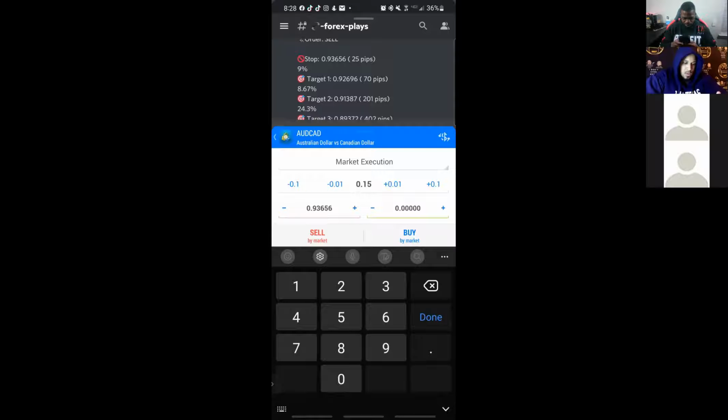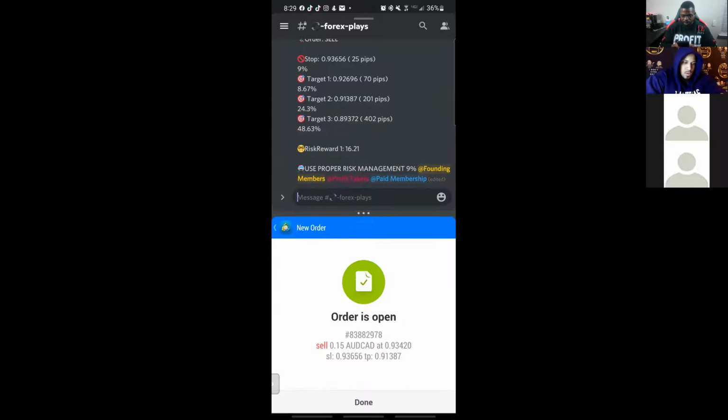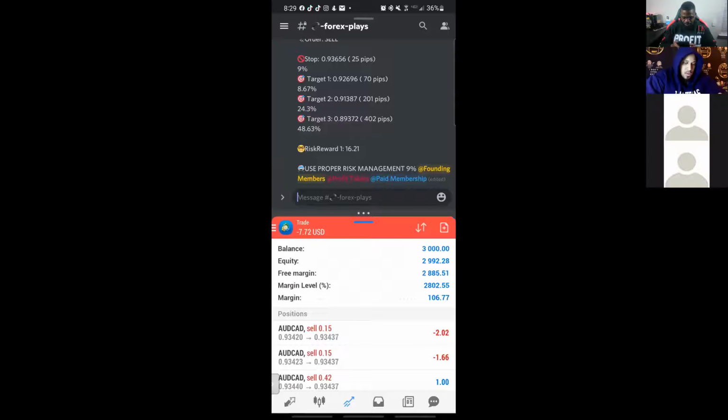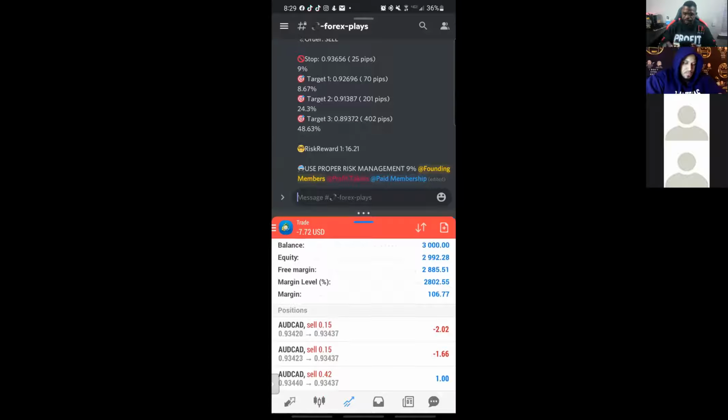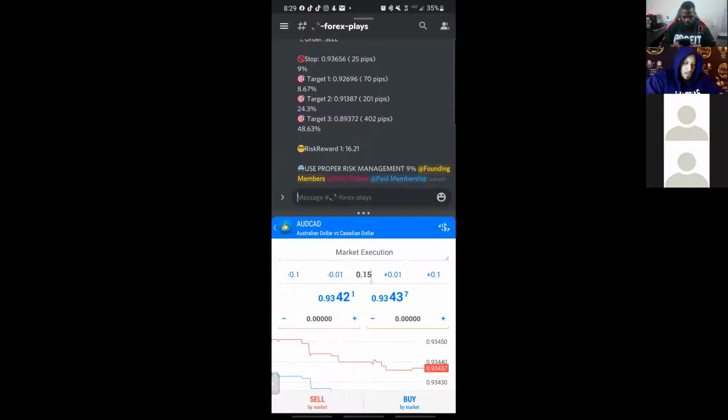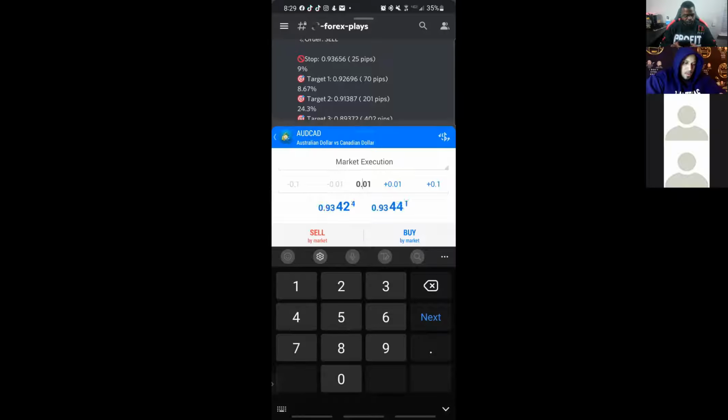Target 2 is 0.91387. Hit sell. Now, for the breakdown, as far as our risk, we chose 15, 15, 12. Okay. So for the next one, we'll use 0.12, and that's the total, our total 3%, which was 0.42. Make sense?